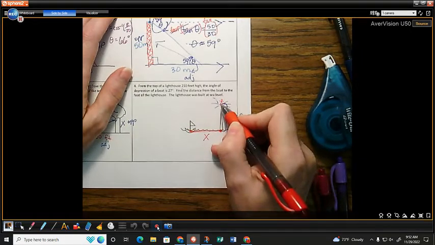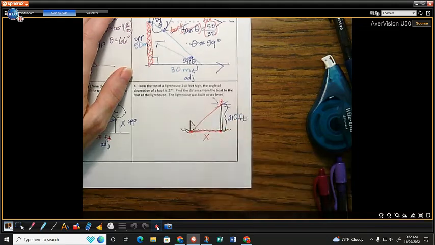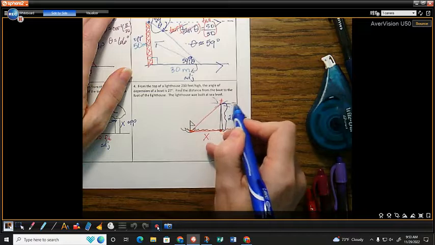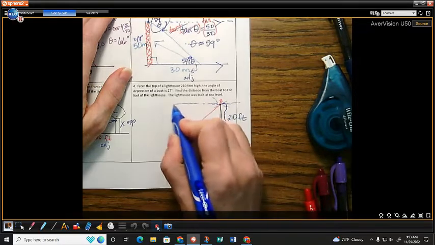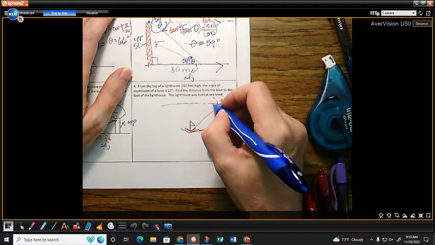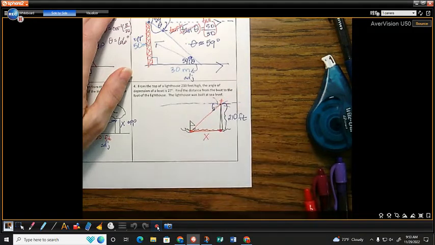You've got an angle of depression going down to the boat, but where's my horizontal? It's going to be up here. So you need to draw your horizontal and find that here's that angle of depression, which is 27 degrees.